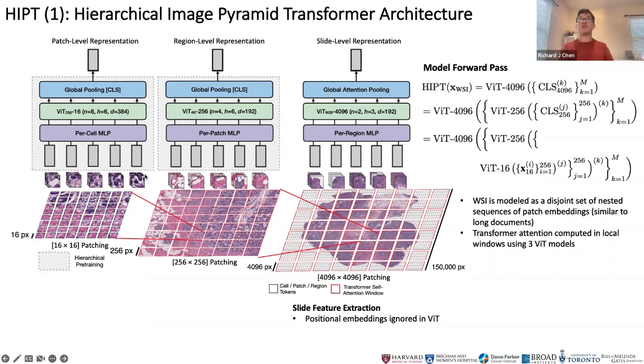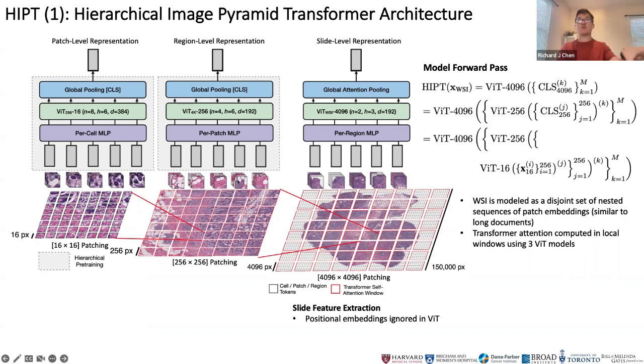The main trick to getting this all to be self-supervised is that we first do layer-wise self-supervised learning. We first do self-supervised learning at the 256 image level with 16 by 16 tokens. And if we want to do self-supervised learning at larger image scales, all we have to do is use this encoder as the tokenizer for 256 patches in this larger-scale ViT.